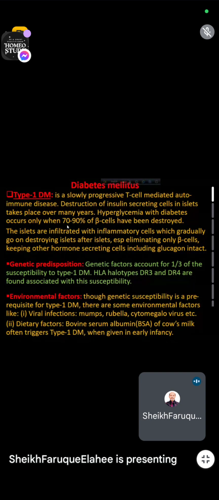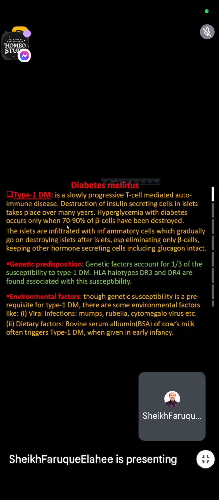It is similar in type 1 diabetes. A person with less than 70% of insulin producing cells damaged will not have diabetes. But if more than 70% of cells are damaged, then he will have diabetes, because only 30% of cells cannot produce enough insulin to keep him diabetes free.